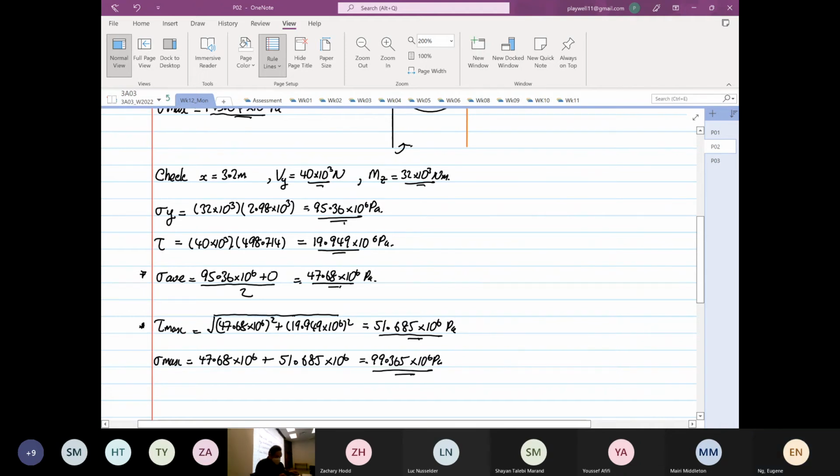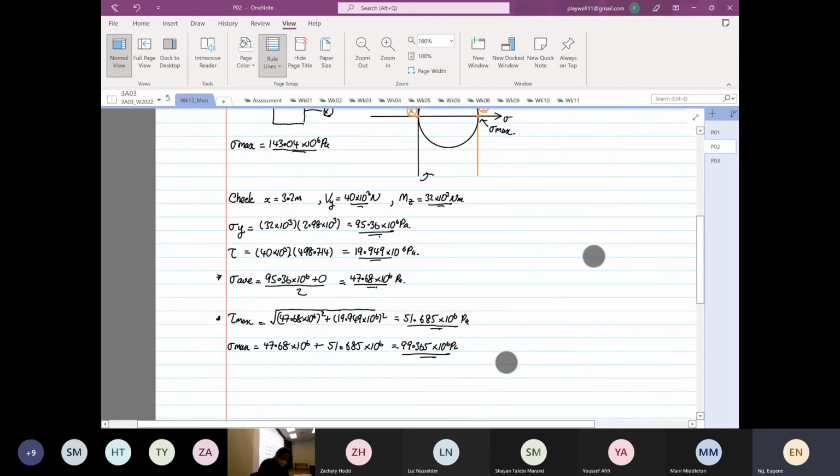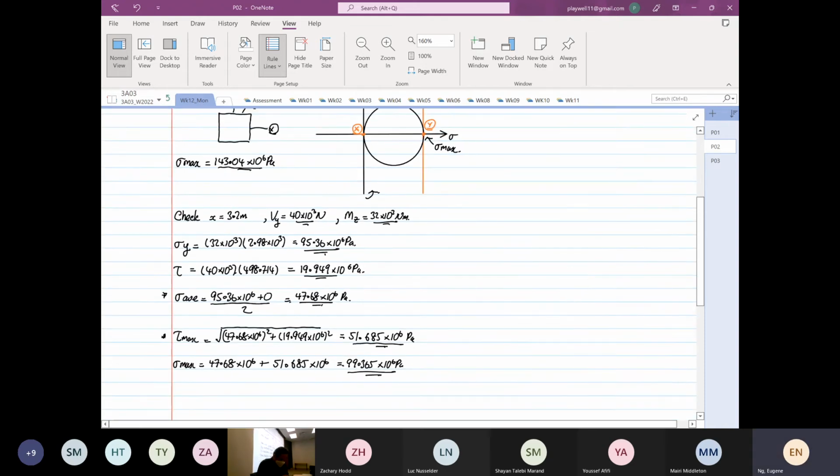Okay. So now we have the three locations: stress max, combined normal stress and shearing stress. So the stress max is going to be at where?